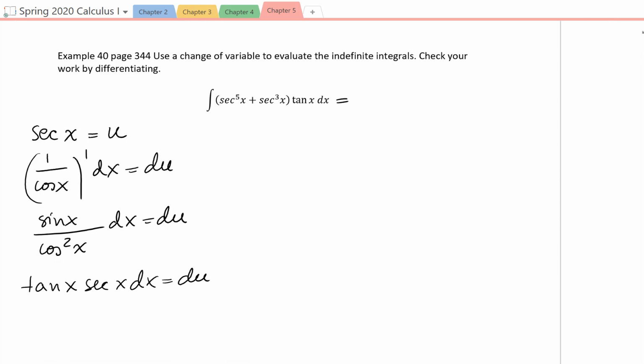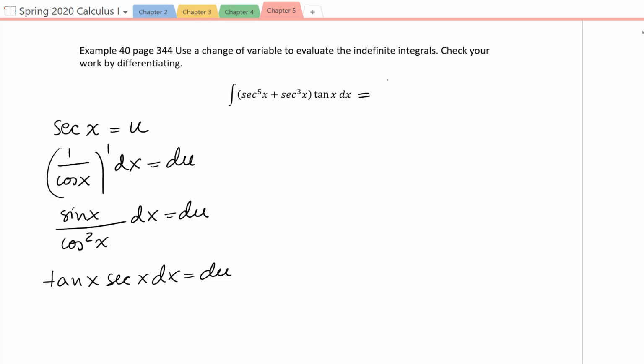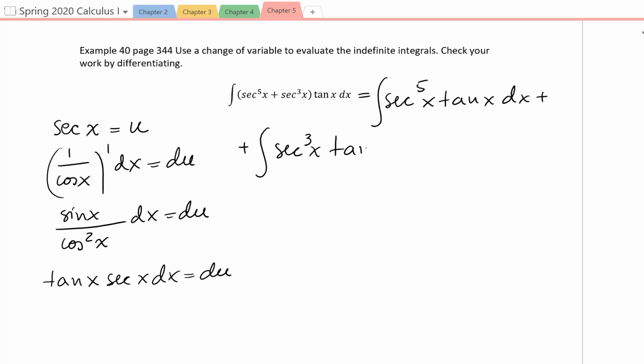Okay, so let's see. Using this information, I'm going to separate. The integral of secant to the 5th of x tangent of x dx plus the integral of secant cubed of x tangent of x dx equals. Well, as you can see, if I have this combination of these three things to the first power, secant, tangent and dx, we get du.